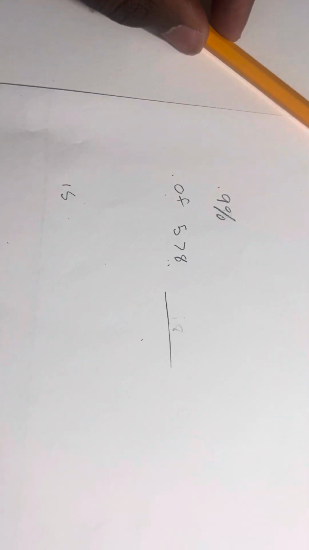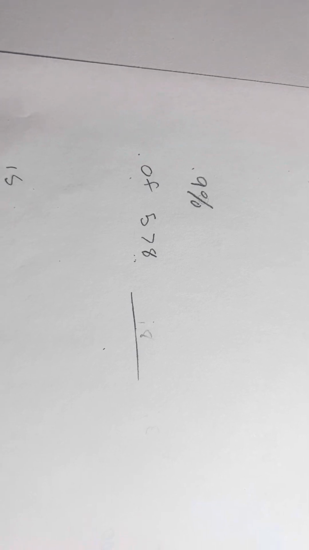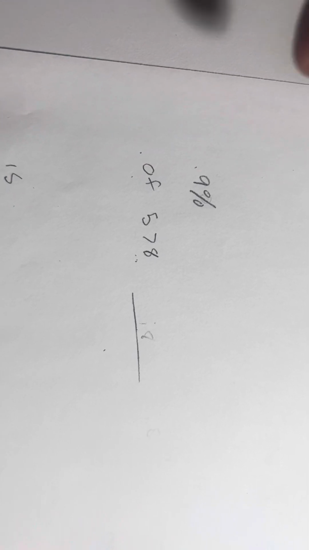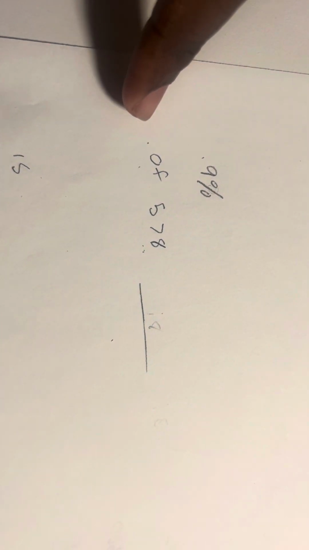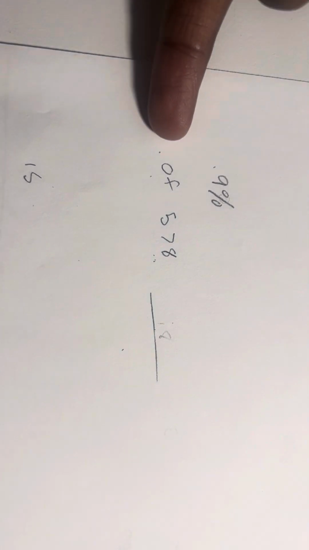Okay, so let's go to your problem. Your problem gave you the percent early, right? And they're kind of curious. They're like, hey, 9% of something, something, something. But if you slow down and break it down, you'll notice they gave you a percent. Then they put the word of 578. So based on what we learned, of is the whole.